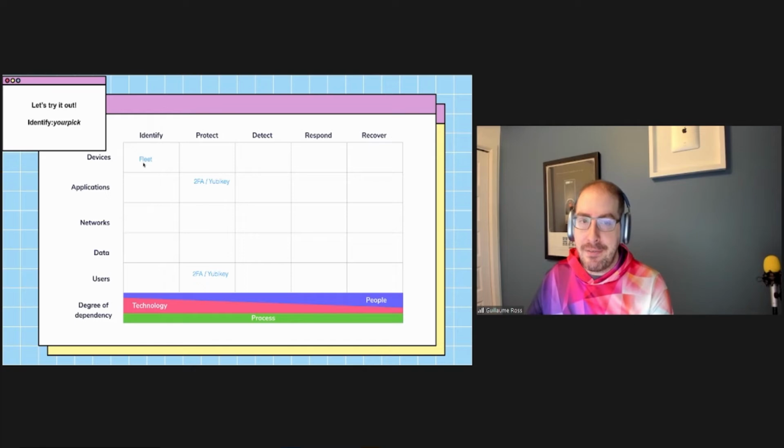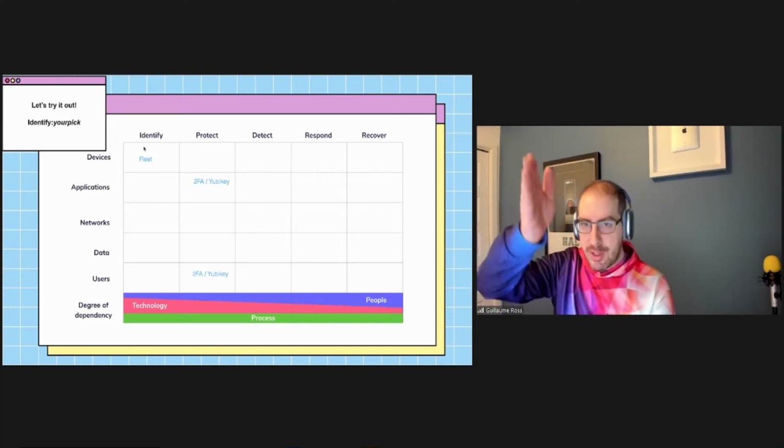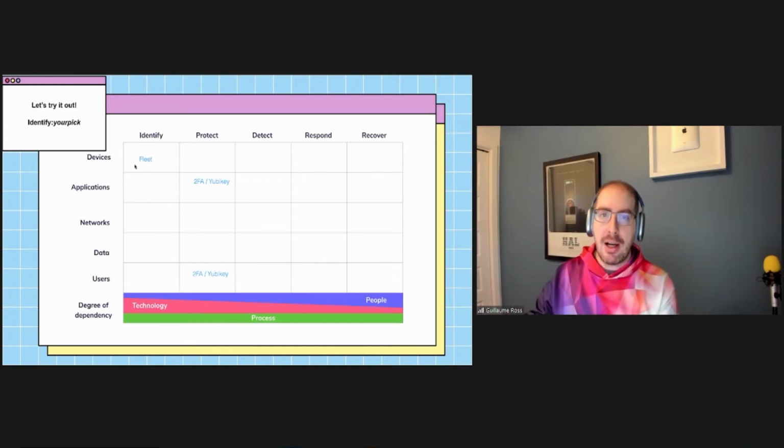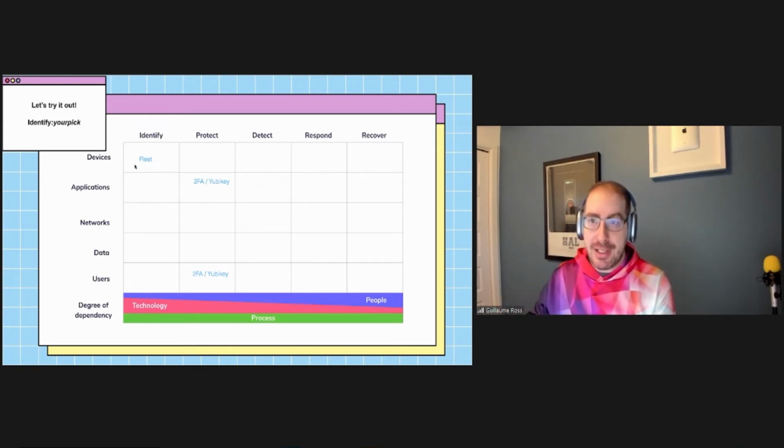And then they'll add a feature to do inventory of applications and networks and maybe eventually data, right? So you could see a vendor going horizontally like that, but you also see vendors going vertically, where they start by letting you understand what's going on and then improve the security of it by protecting and then adding on some detection features.